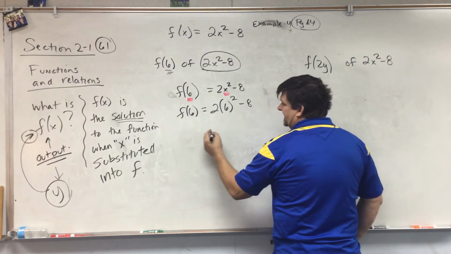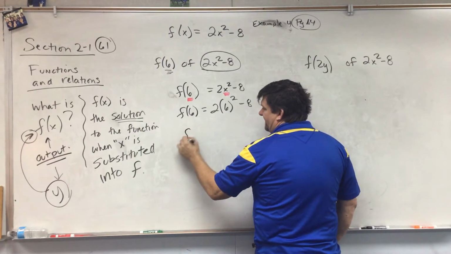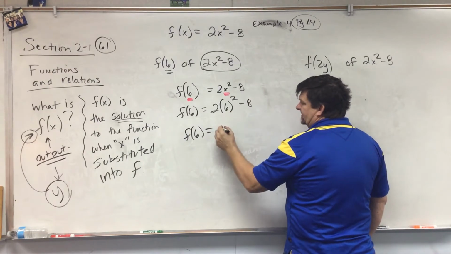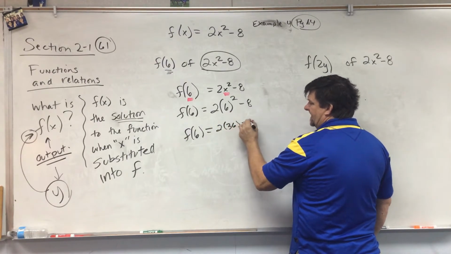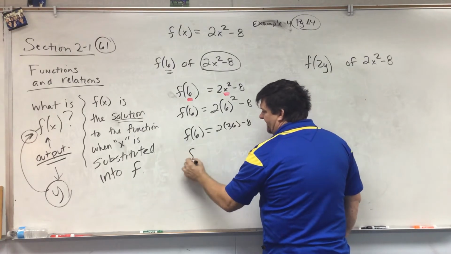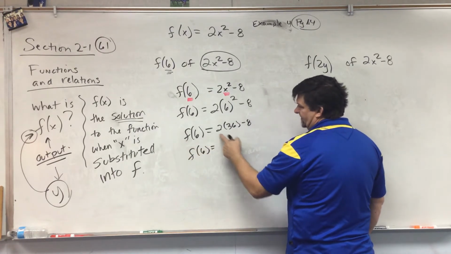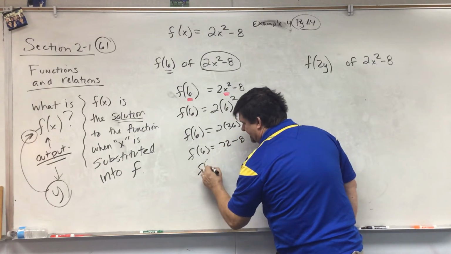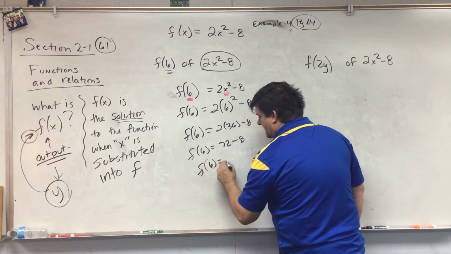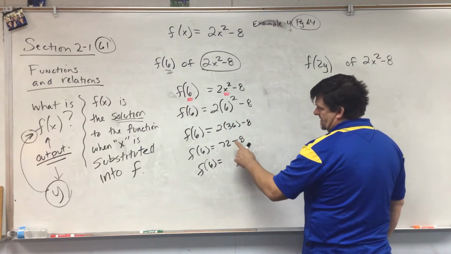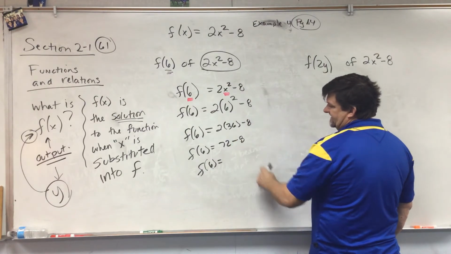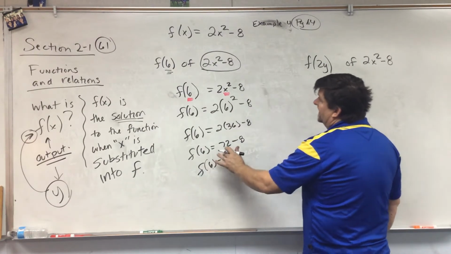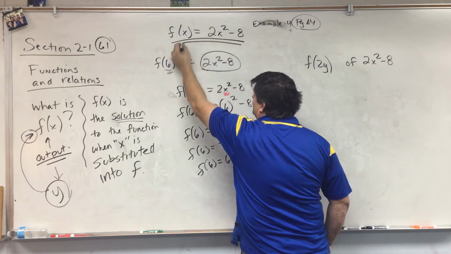So f of 6 is 2 times 36 minus 8. F of 6 is equal to 72 minus 8, which is 64.